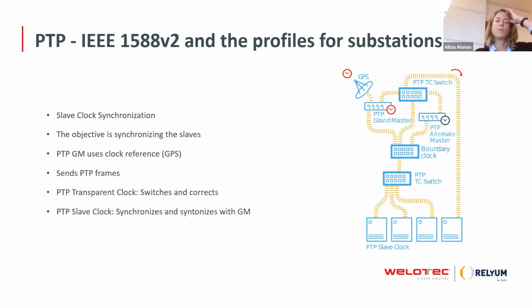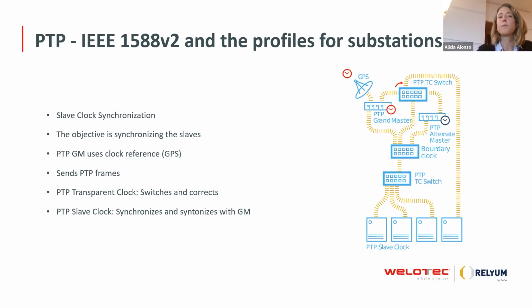So now I'm going to make a quick overview of the process that has to be followed by the slave for synchronizing itself. First of all, you have the PTP grandmaster, that normally has a GPS receiver connected to it to get an accurate time reference from that element. With this reference, it generates the PTP supervision frames and sends them into the network.